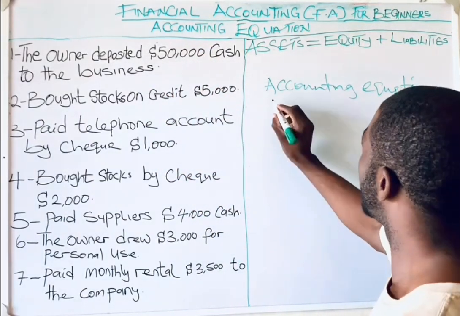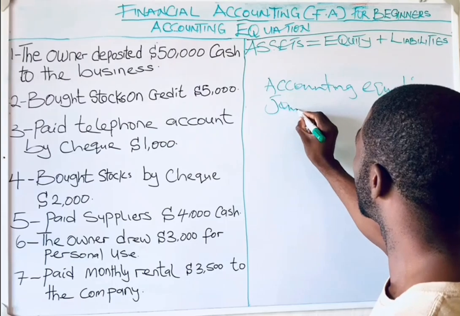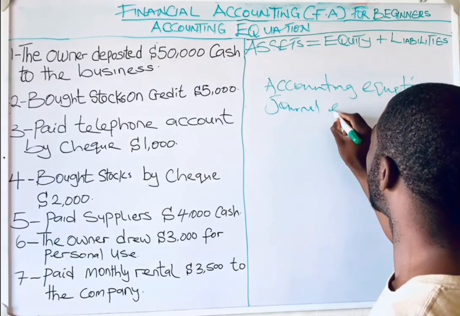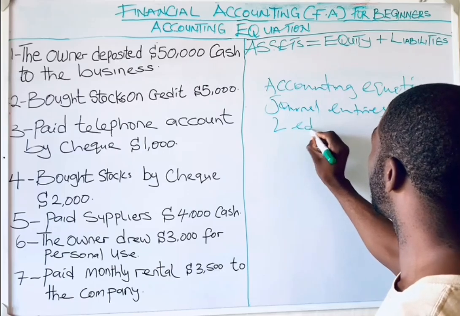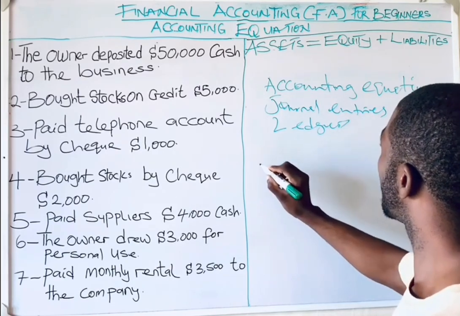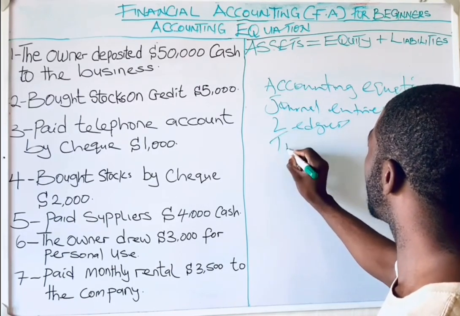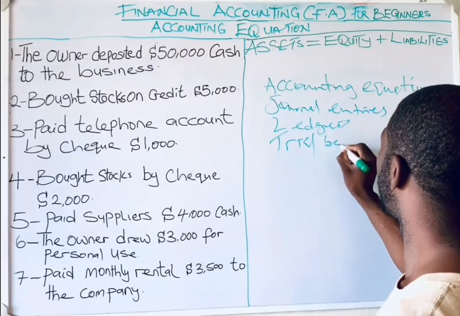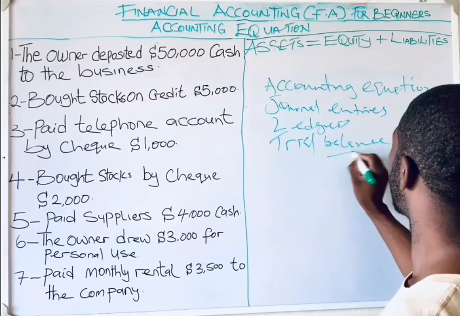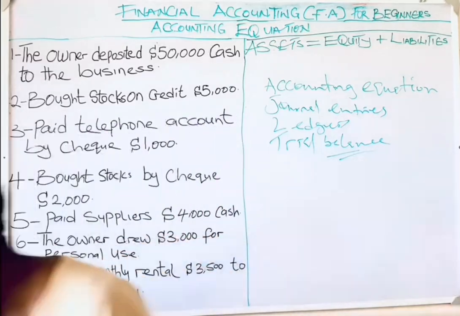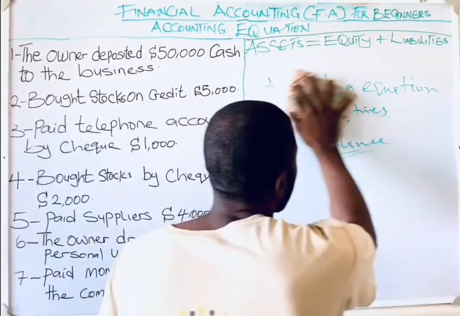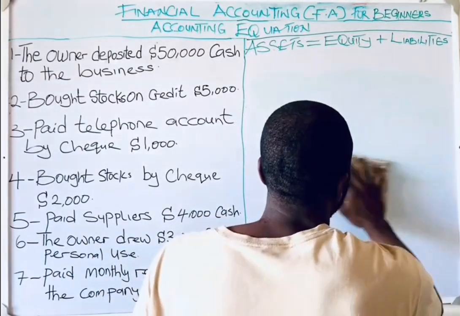We're going to look at the journal entries, the ledgers, the trial balance, and the rest.